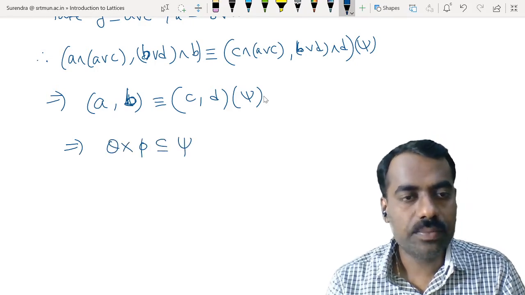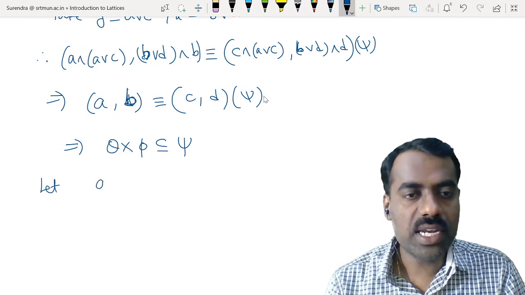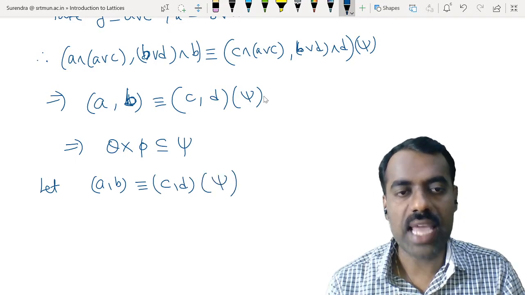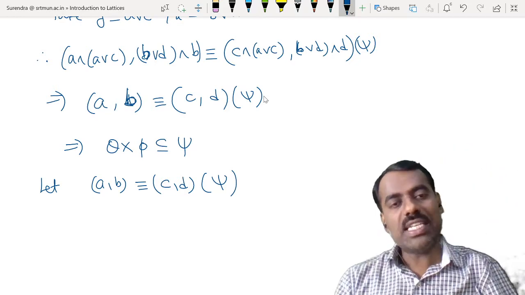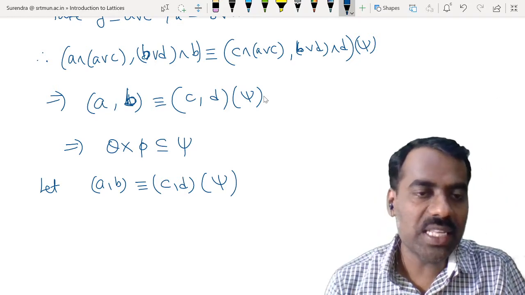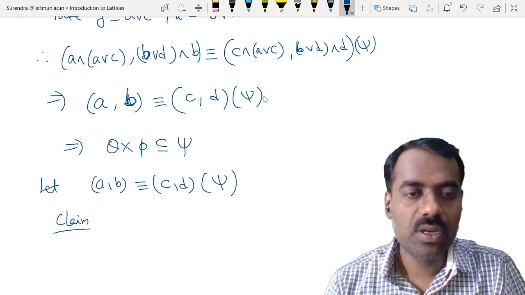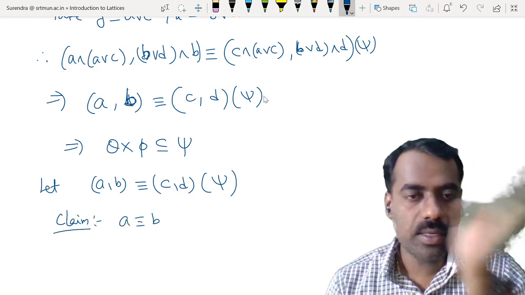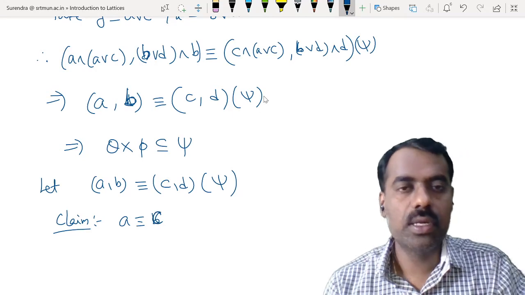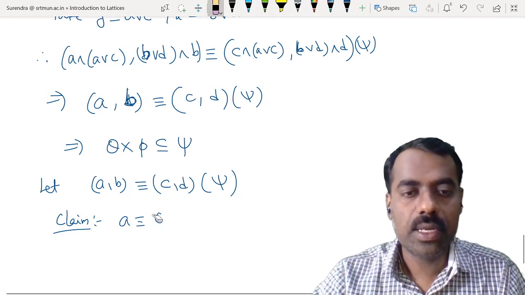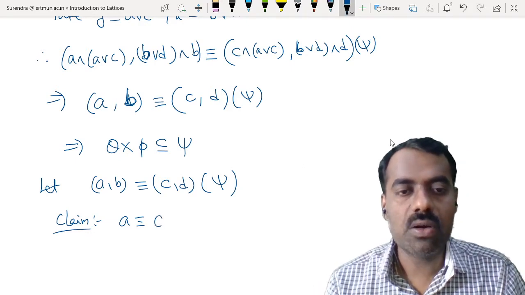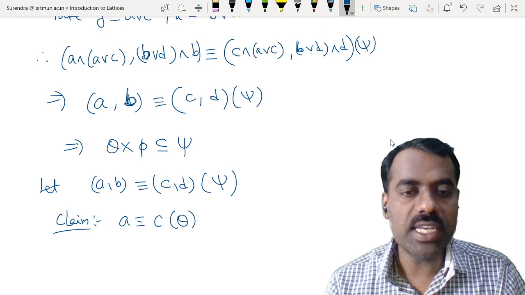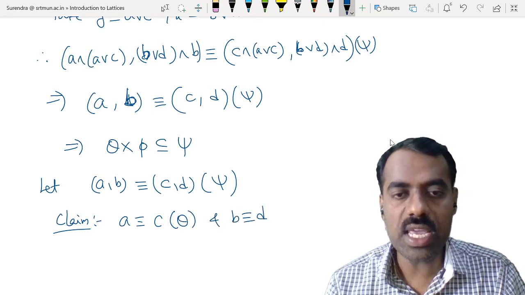To show the converse, let (a, b) be congruent to (c, d) modulo psi. We want to show that (a, b) is congruent to (c, d) modulo theta cross phi. So our claim is that a should be congruent to c modulo theta and b should be congruent to d modulo phi.